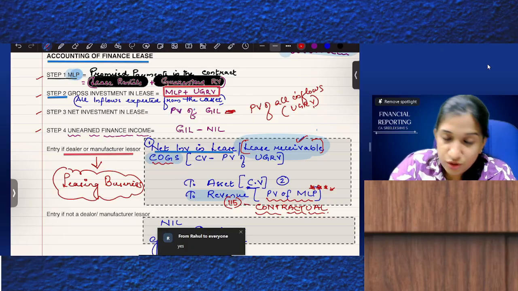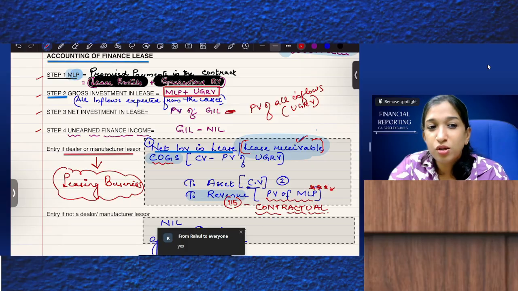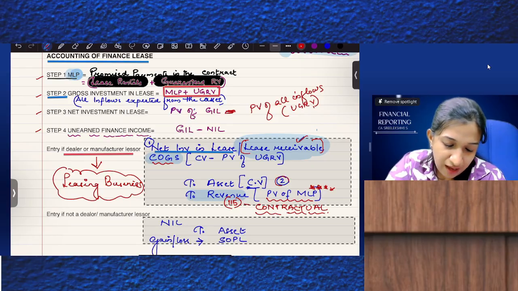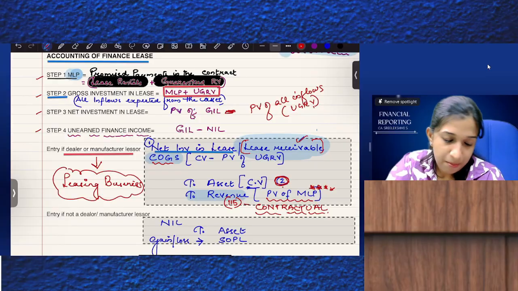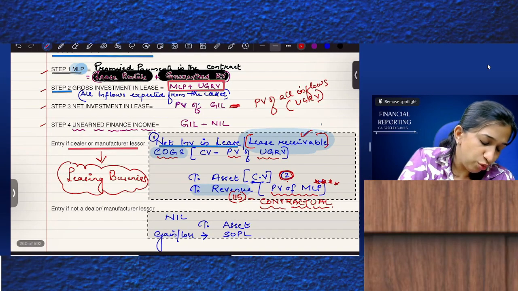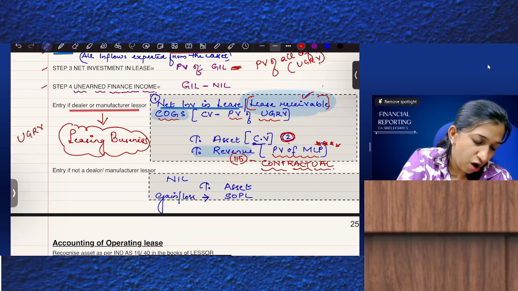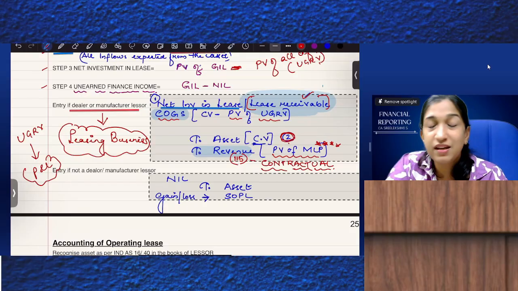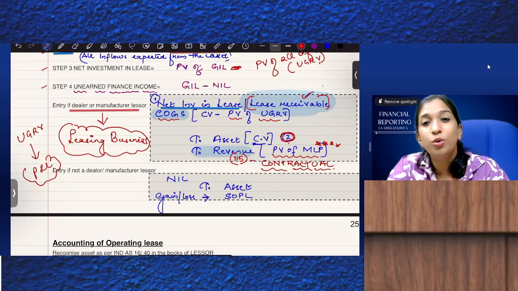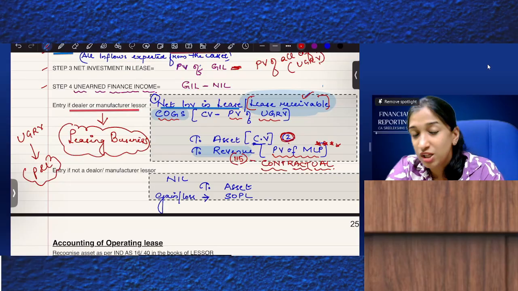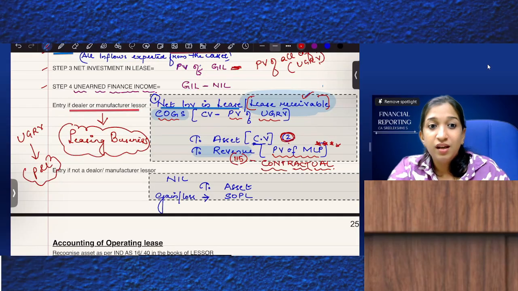Similarly, cost of goods sold. How much can be shown as cost? Carrying value minus present value of UGRV. UGRV is not permitted to enter into P&L, either as income or as cost. In the balance sheet, net investment in lease can show UGRV.